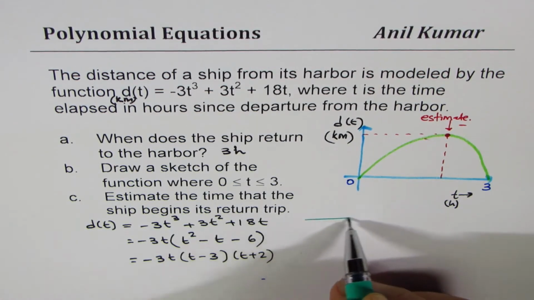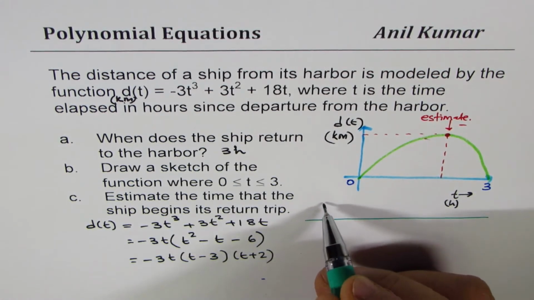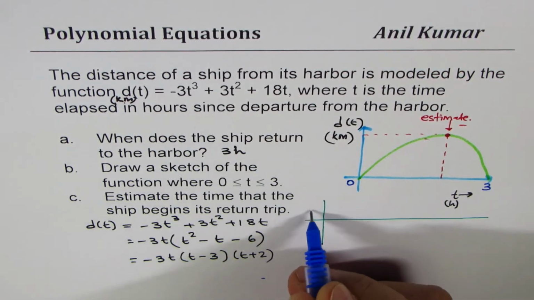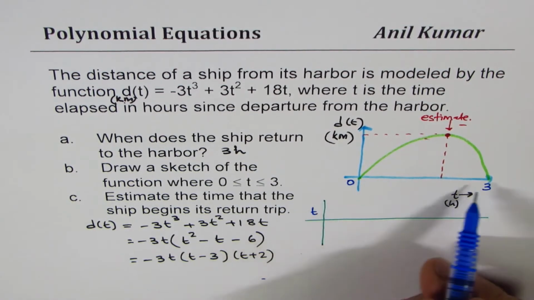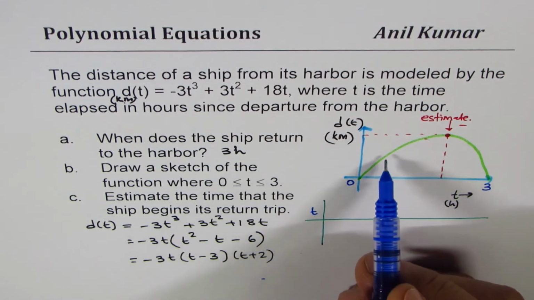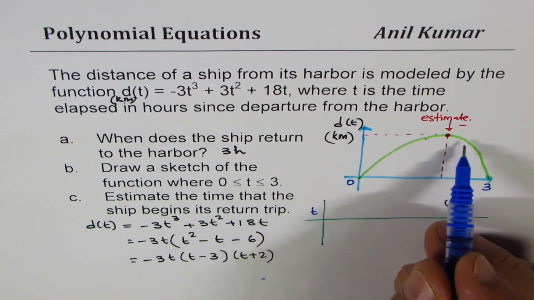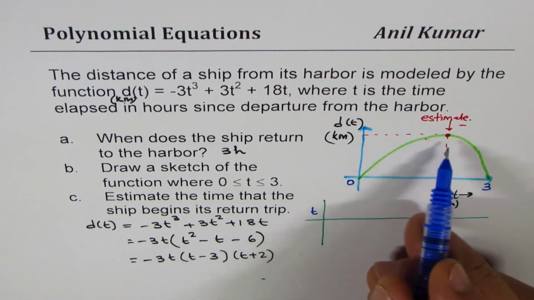I think the best way is to take some values, just make a table of values, and write down t. We know the values between 0 and 3. This part is not very critical. The critical part is midway and thereafter. Are you getting my point, right?